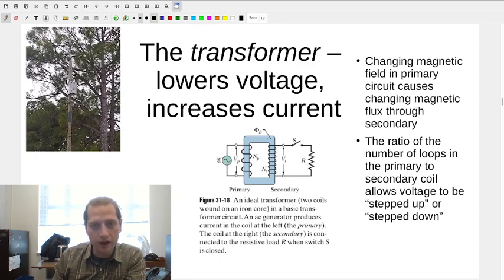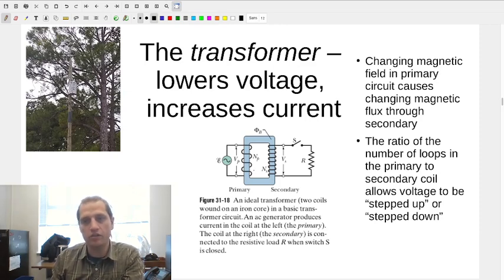What this piece of iron does is convey the magnetic flux from going through one loop to the other loop, and then allow this circuit to continue from a low voltage, high current to a high voltage, low current, or you could go the other way around, and you can step the voltage up or step it down.